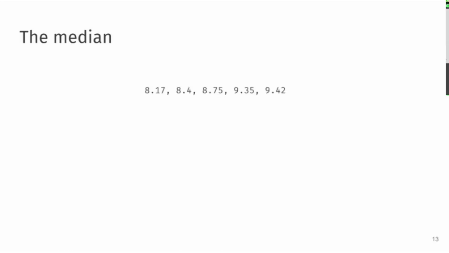Just to illustrate this more concretely, imagine that we had only observed this set of 5 finishing times. To find the median, as I described last time, you first have to put the observations in order, which they already are here. Very convenient.